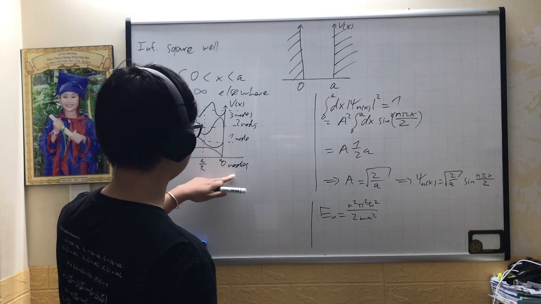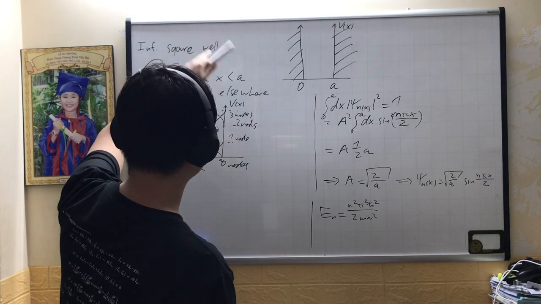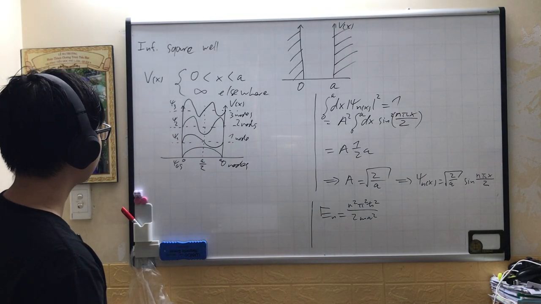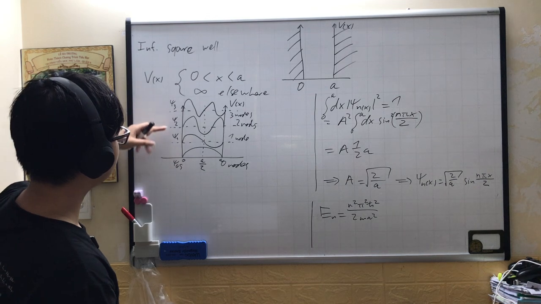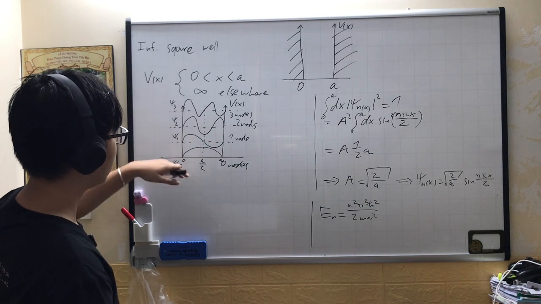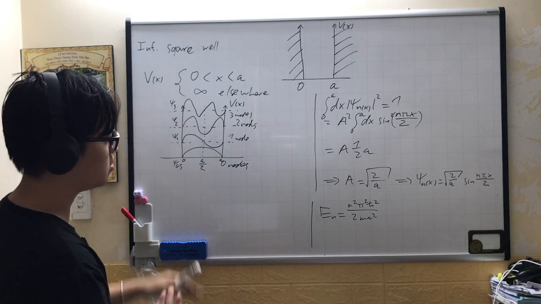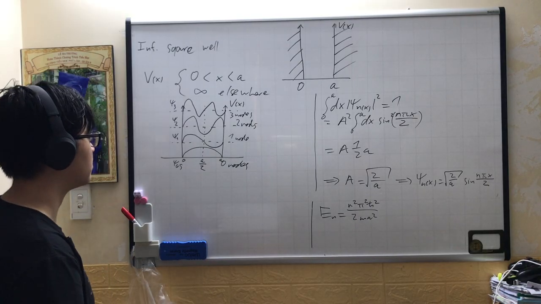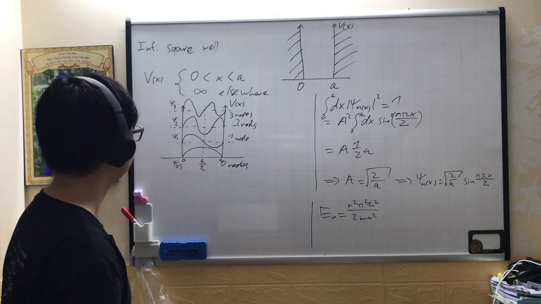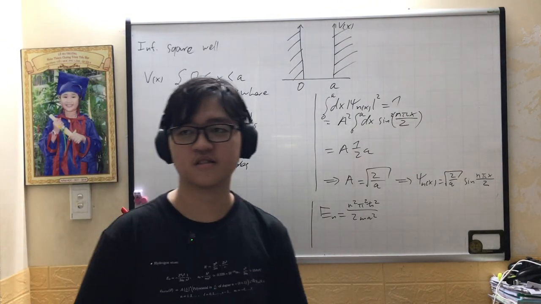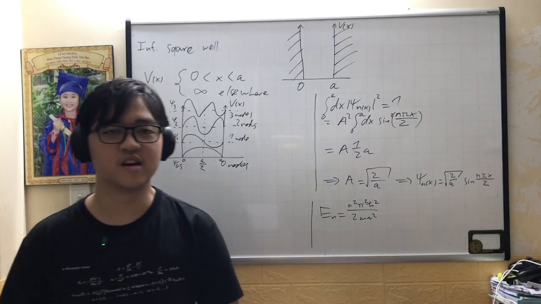The number of nodes is going to increase from 0 by integers, and the states alternate between even and odd. So yeah, that's it. The infinite square well is not that complicated. So I guess that's it for today. Goodbye.